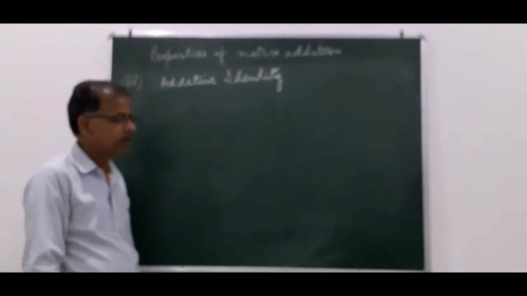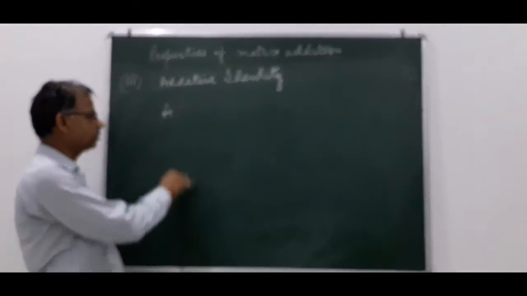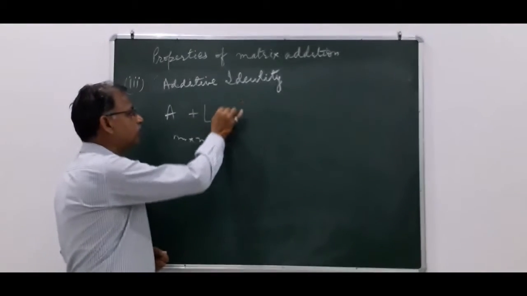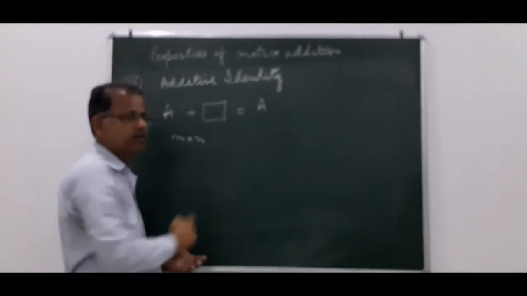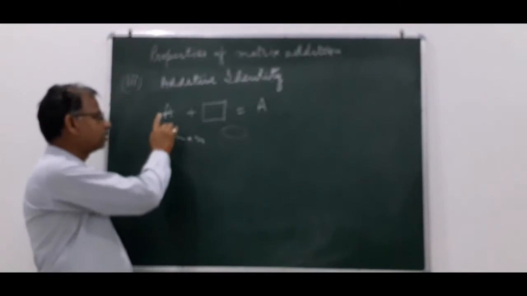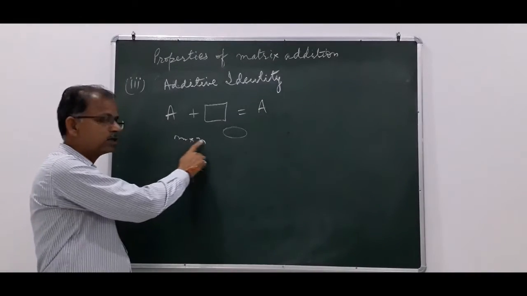Now we will discuss additive identity. Suppose A is a matrix of order m by n. Now we want to find such a matrix that sum of these two matrices is again A. So first of all, we should consider its order. We can find sum of two matrices when their orders are same.